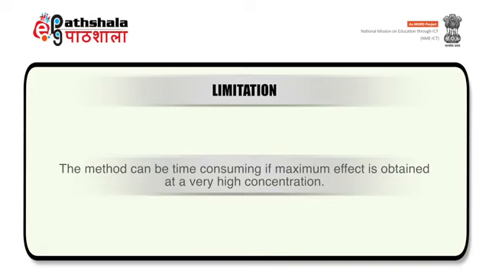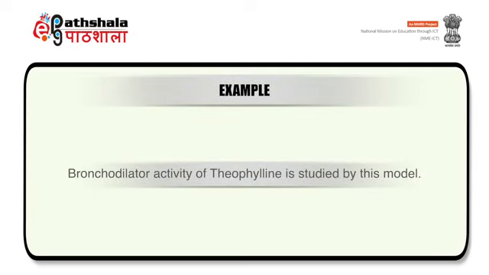Another limitation is that the method can be time consuming if maximum effect is obtained at a very high concentration. For example, bronchodilator activity of theophylline is studied with the use of the Emax concentration effect model.